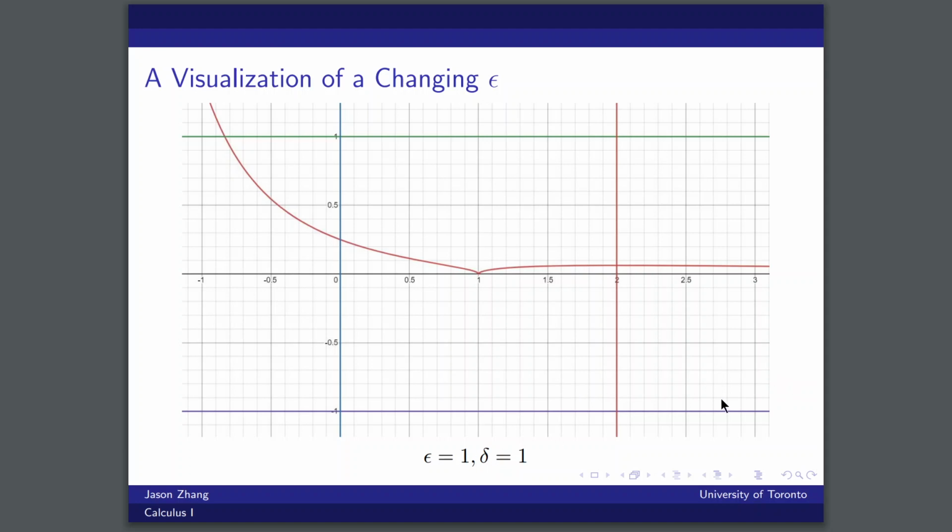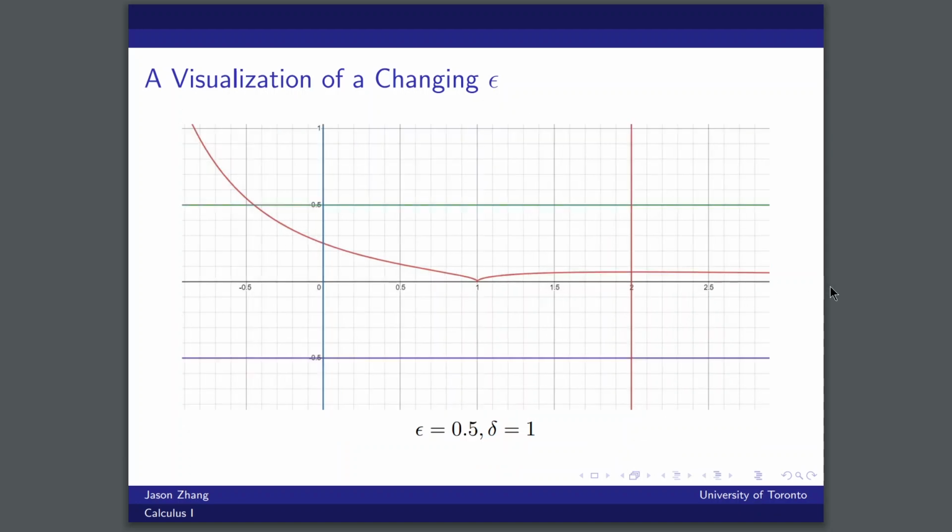So when epsilon is equal to 1, 16 epsilon squared is 16. So therefore, our delta will be equal to 1 because delta can never be greater than 1. And as you can see, within this box, our function never crosses the green or purple line, which is as we expected.